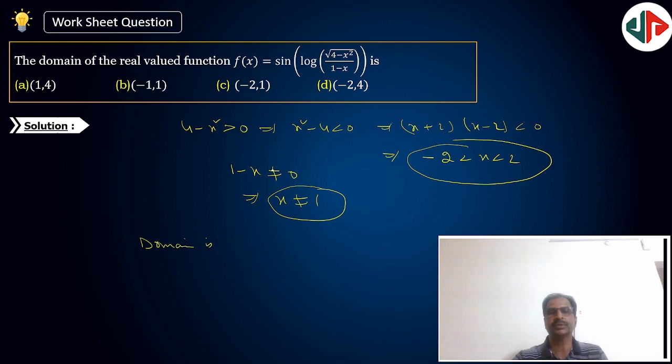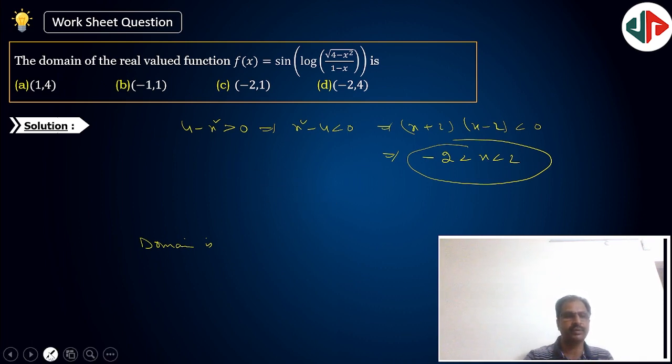Sorry, 1 minus x should be greater than 0 here because it is inside logarithm. One second. 1 minus x is inside the logarithm, which means it should be positive because logarithm is defined only for positive numbers. So 1 minus x should be positive, which means x should be less than 1.